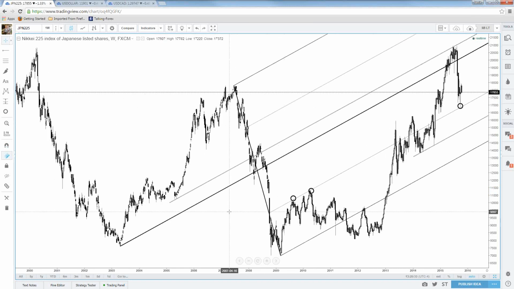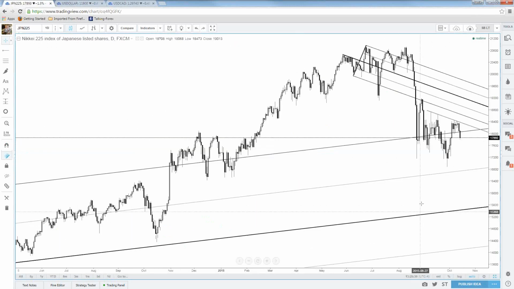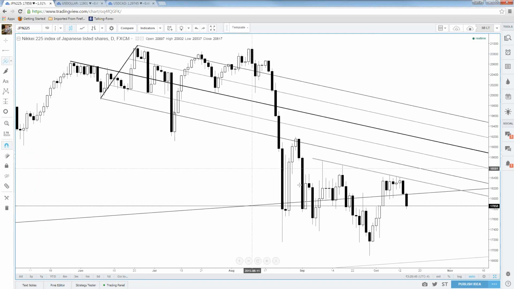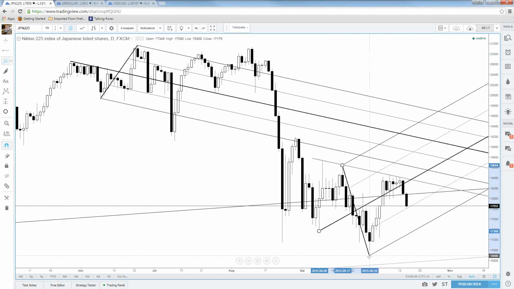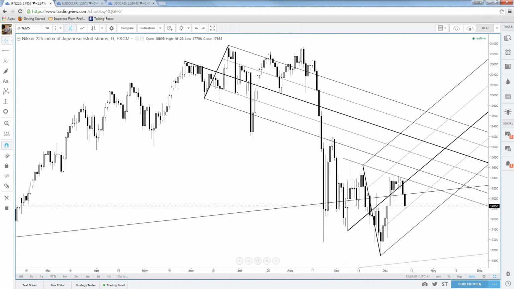I haven't done a whole lot of charting with the Nikkei lately, probably should. I don't even know what this would look like. Okay, so this might be something to be aware of in the Nikkei. Not as clean as the S&P, which is really the one I'm watching at this point.